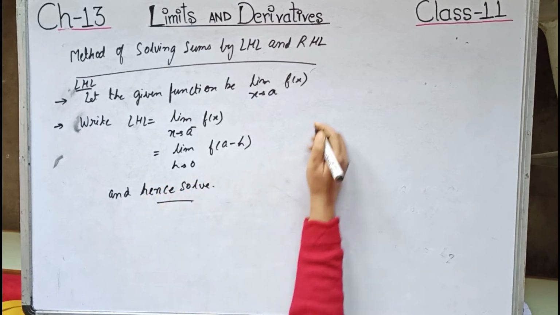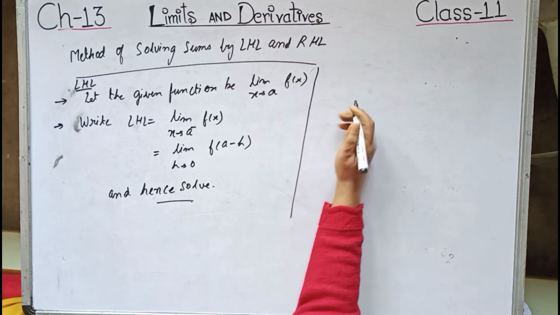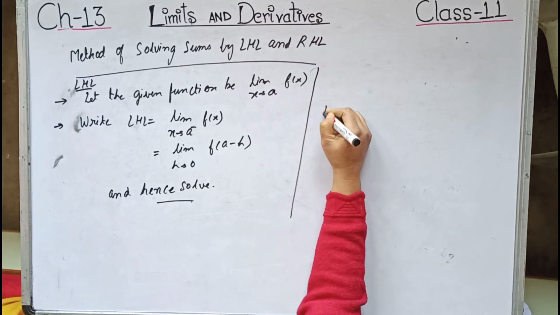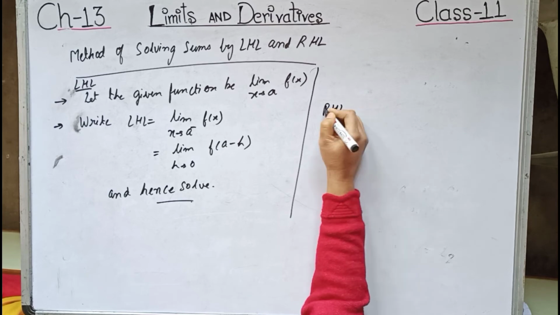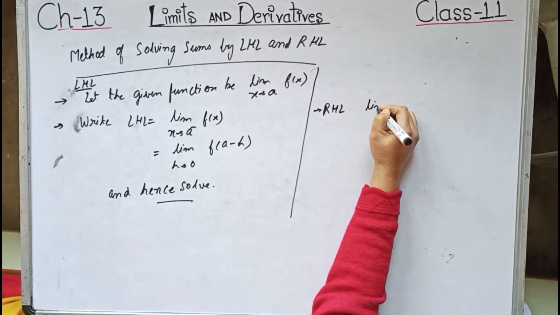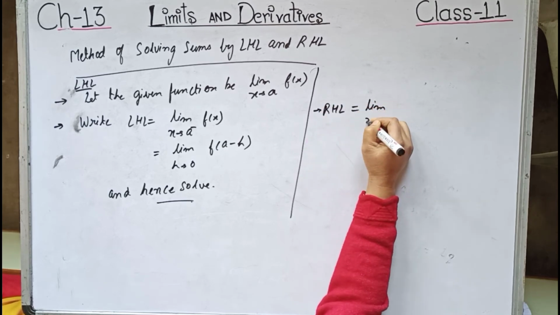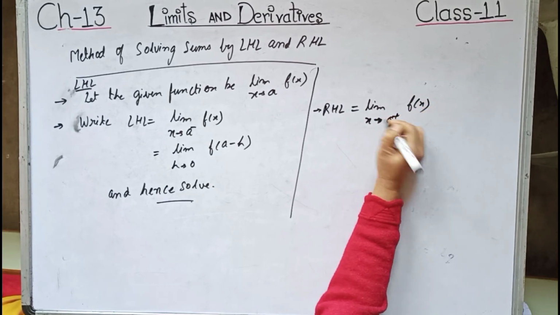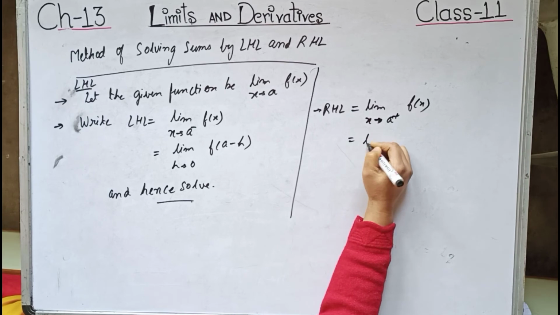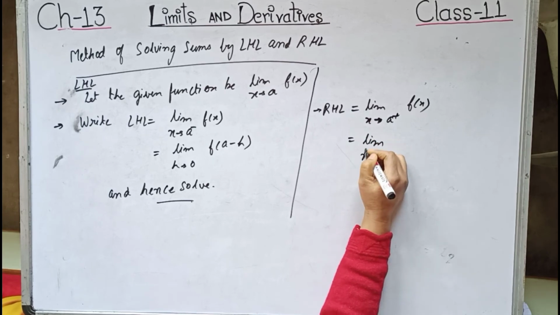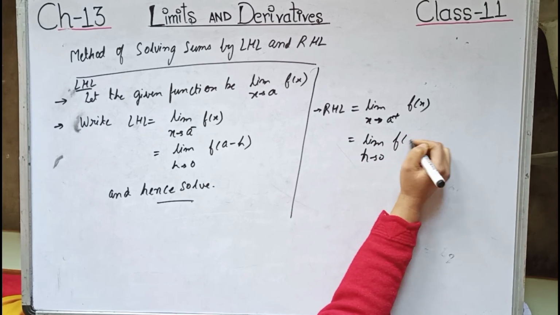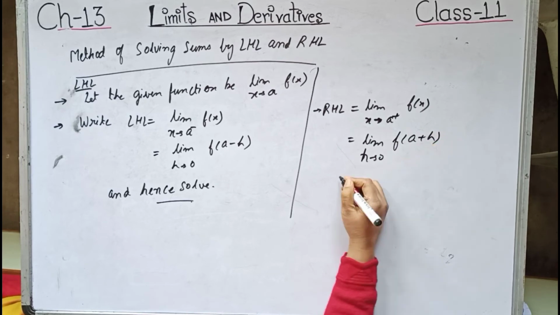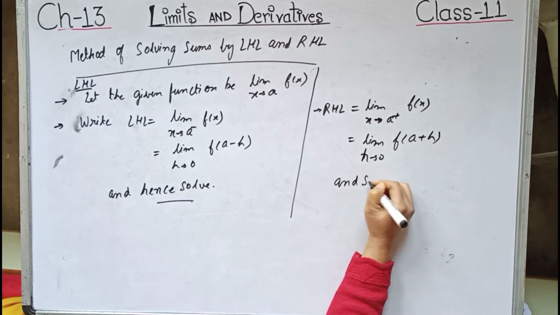Similarly for right hand limit the same thing, but RHL we will write as limit x tending to a plus f(x) from the right side equals limit h tending to 0 f(a plus h), and hence solve.